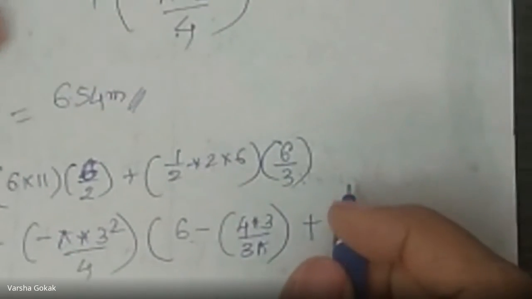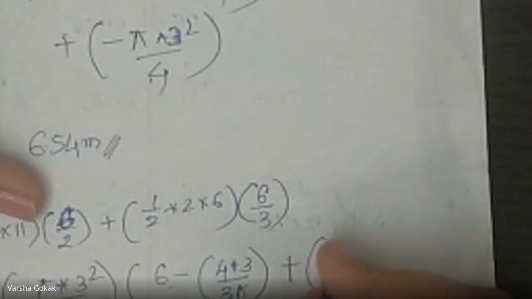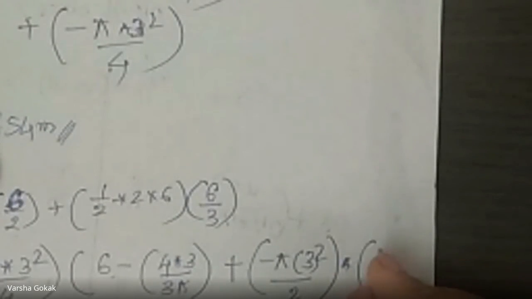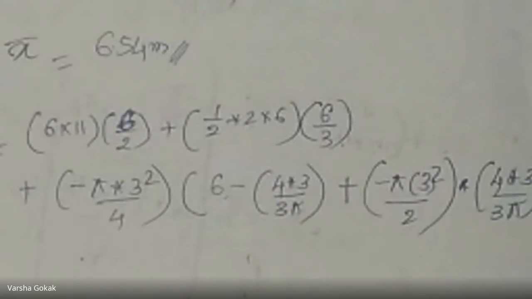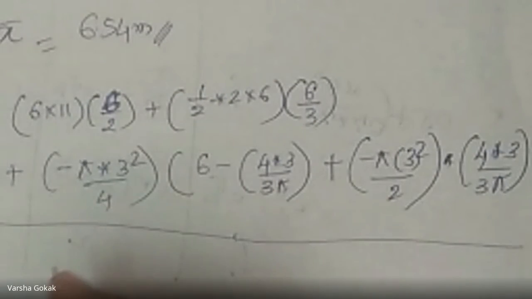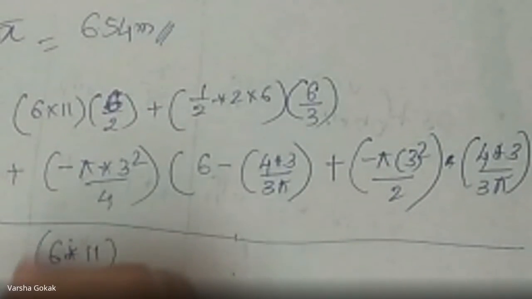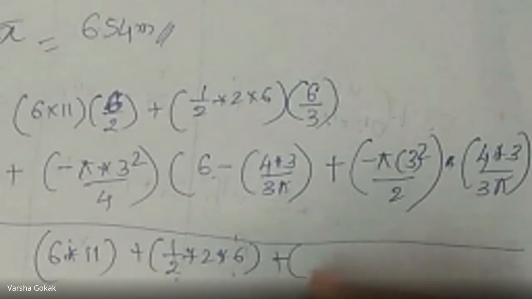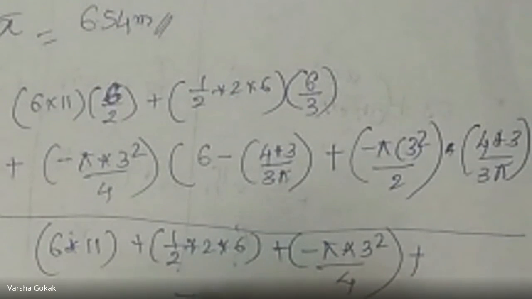And the fourth one is area minus pi into 3 square by 2, into Y, which is 4r by 3 pi. Clear? The entire thing is divided by the total summation of A. That is 6 into 11 plus half into 2 into 6 plus minus pi into 3 square by 4 plus minus pi into 3 square.